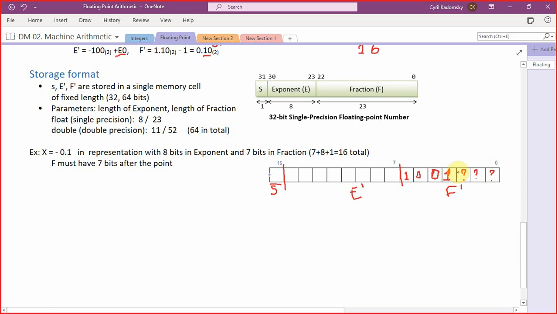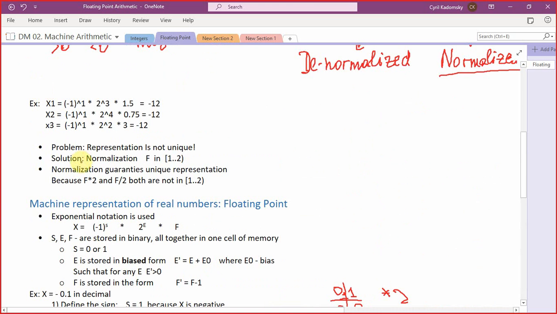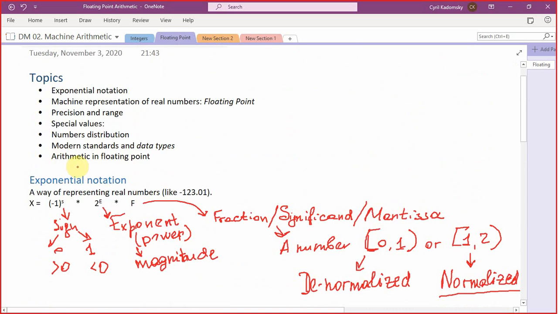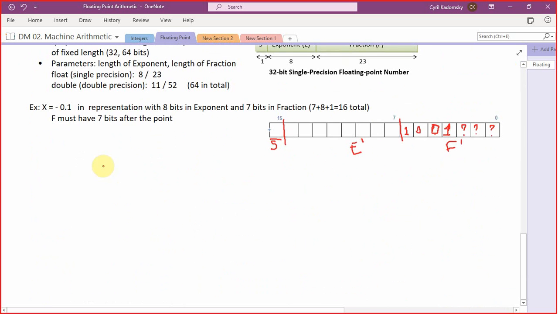So basically, in this case, that means we have limited length, right? That is what we started from. We have the limited length representation, in which we must store all 3 parts. And sooner or later, we must decide which part of this limited length will be used for each of these 2 parts, because sign always is 1 bit.